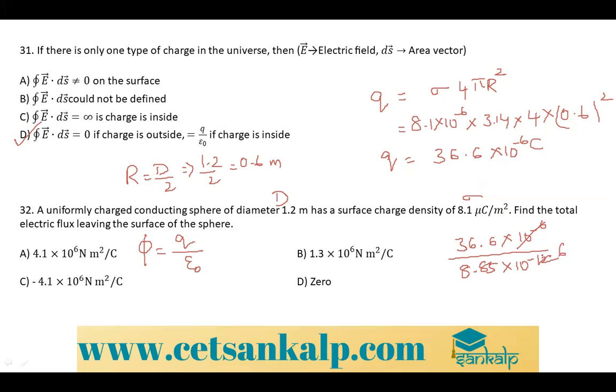You can write it as 36.6 divided by 8.85, and when you solve and simplify, you will get 4.13 into 10 to the power plus 6. So you'll be getting positive only. So option A. Clear?